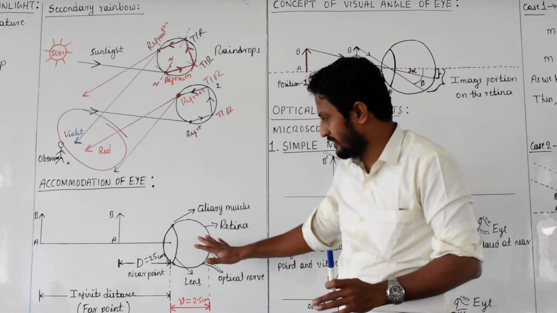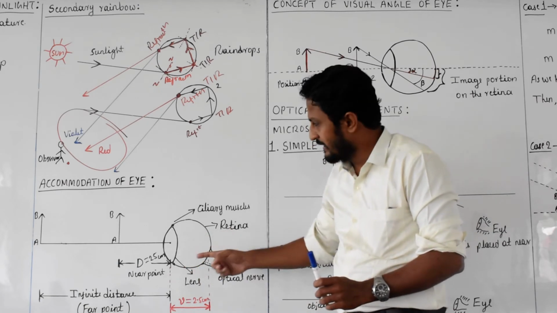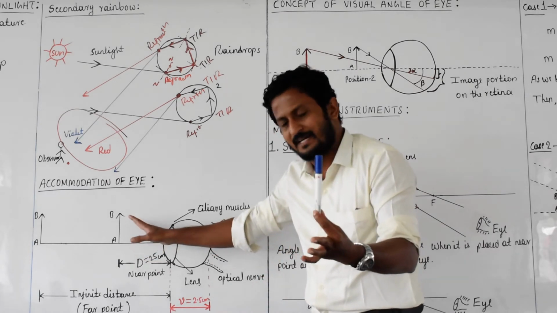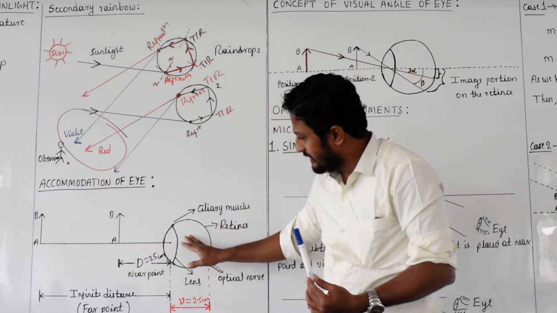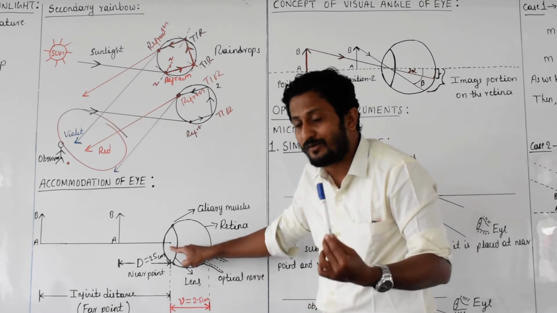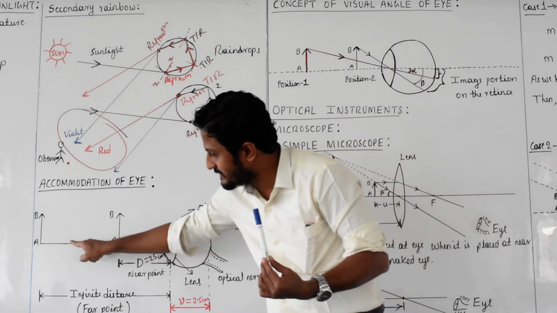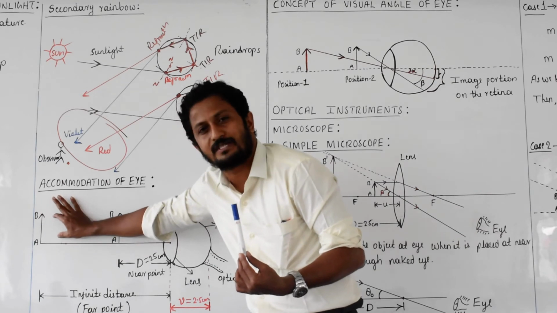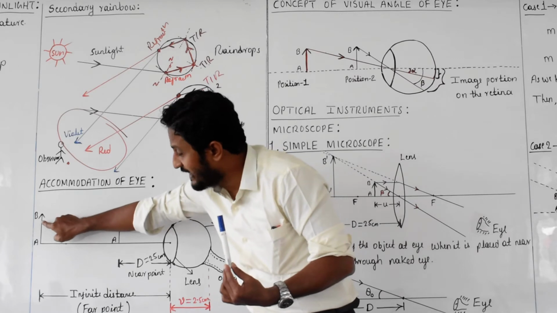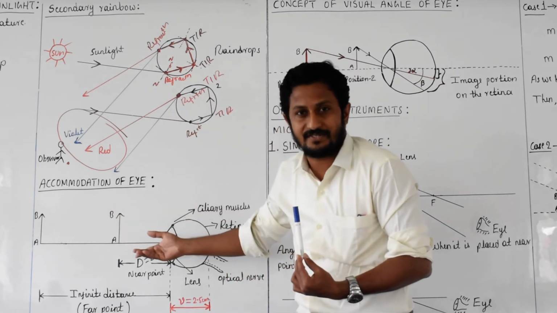Look here, I have drawn this eye. AB is an object, like this type of marker. Imagine this is your eye. Here this is the optical center, I mean the geometrical midpoint of your eye lens. Yes, this is the principal axis. Somewhere here, AB is an object at infinite distance. When it is at infinite distance, your eye is able to see it.